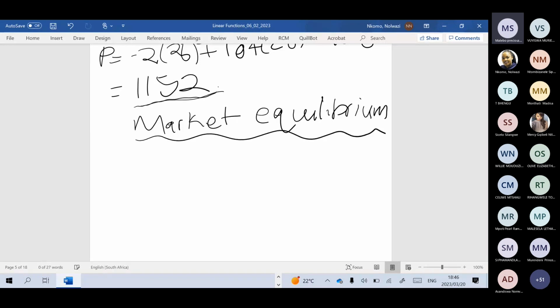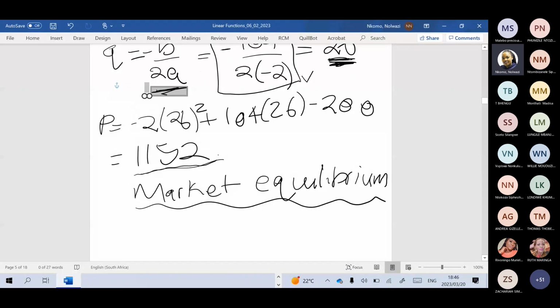Evening, Miss Nkomo. Sorry to take you back. I need to understand, how do we see that a is greater or less than 0? Okay, this is the equation that we obtain when we're finding a profit, right?